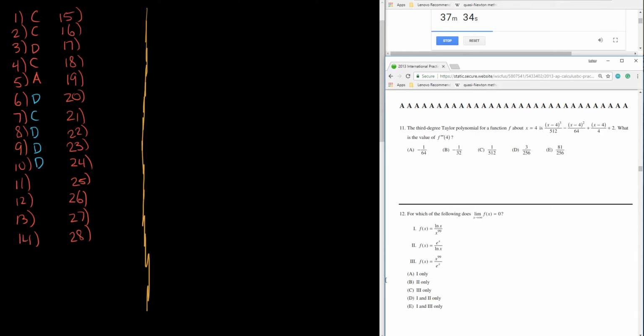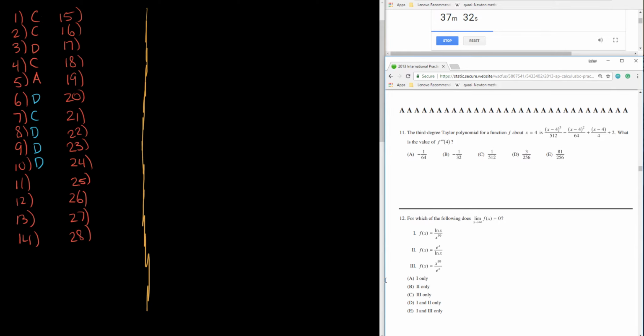The third degree Taylor polynomial for the function f about x equals 4 is a huge function. What is the value of f triple prime of 4? Well, f triple prime is associated with this cubed term, so clearly their cubed term coefficient is 1 divided by 512. But this is not necessarily the coefficient.